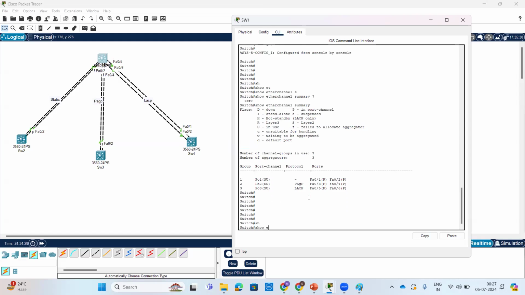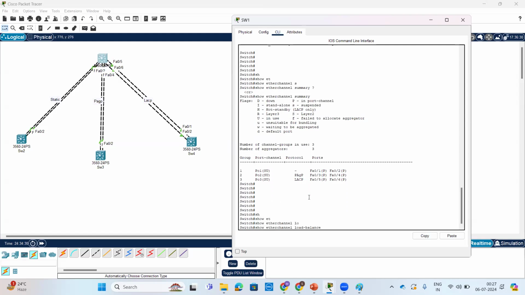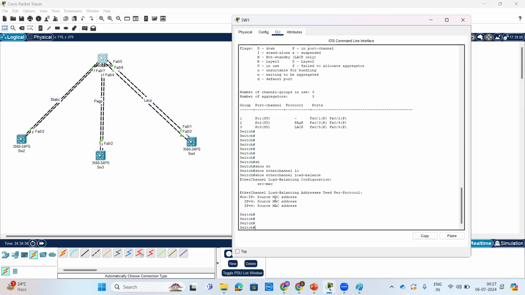Show EtherChannel load-balance. With the help of the load balancing command, you can check. Here we have none of IP address, source MAC address. It is based on the MAC address, and it works for IPv4 and IPv6 also.